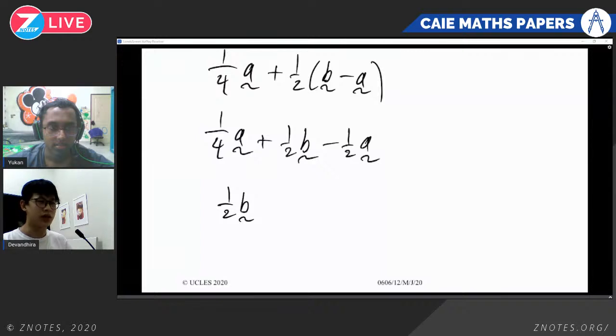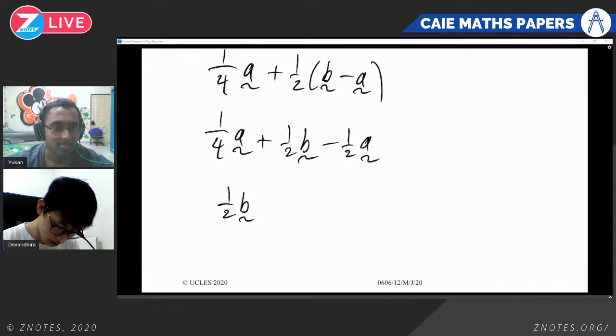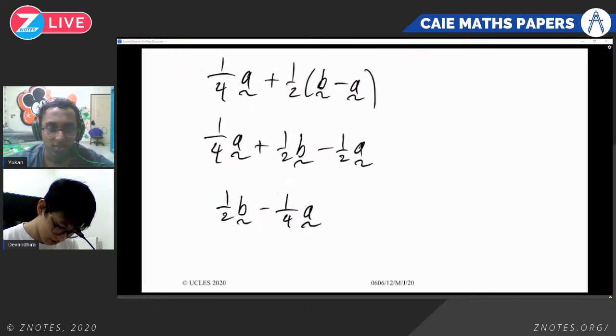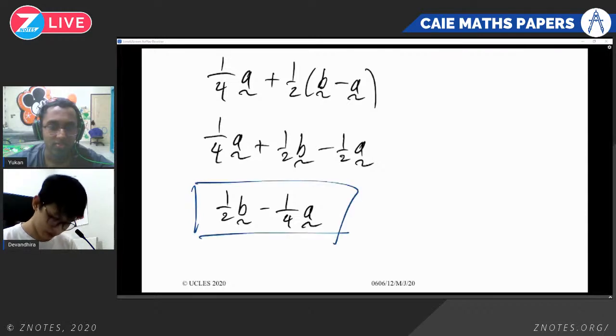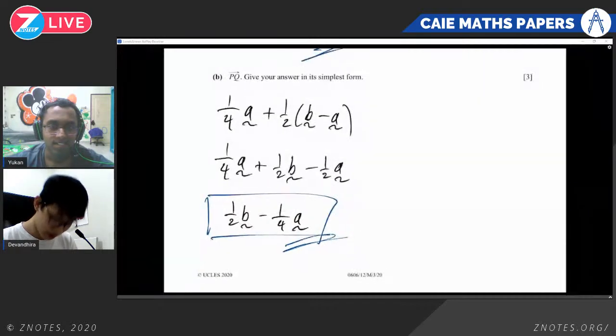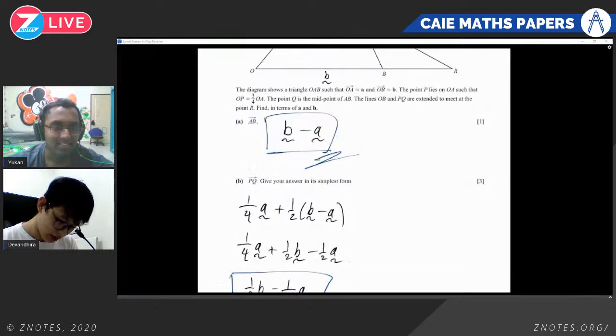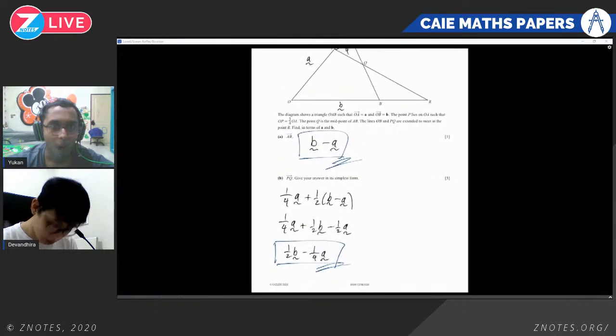That's negative 1/4. If any of you are a bit confused, you can change the denominator. So -1/2 is -2/4, and then 1 minus 2 is -1. So you get -1/4 A. Okay, so that's your final answer, right? Yeah. So that's 4 marks in total.